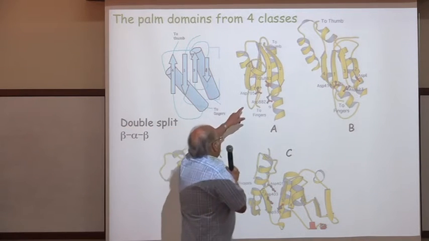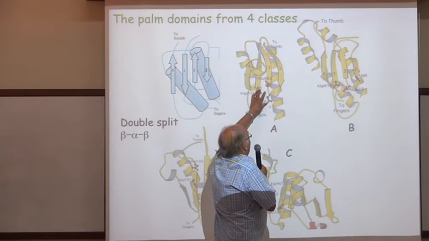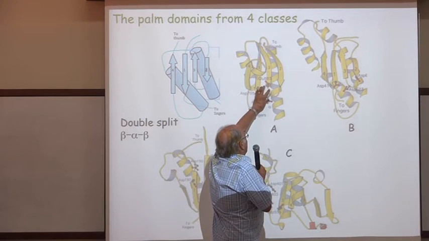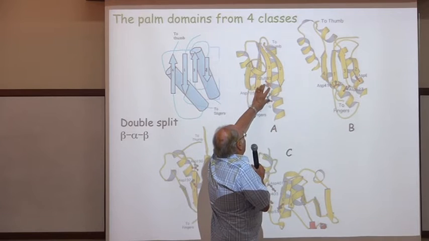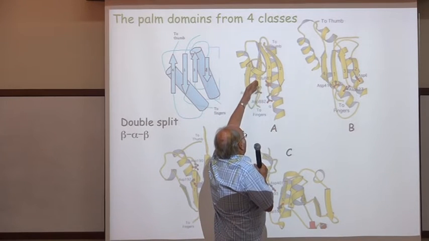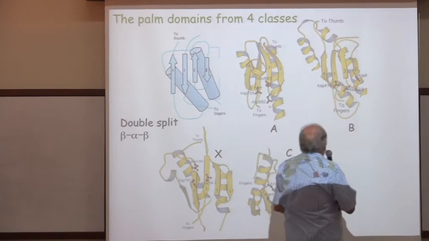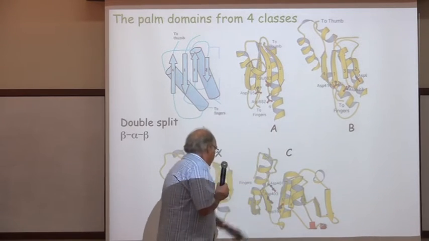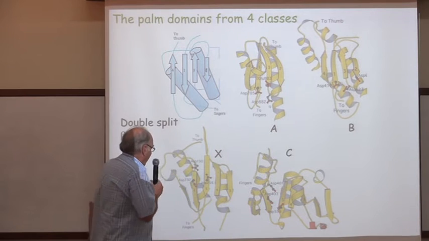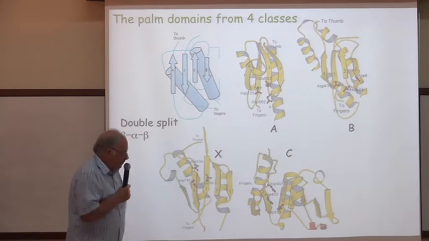And the important amino acid residues are found down in the carboxy terminal end of beta strand 1. So here are the crucial active site residues shown in detail.